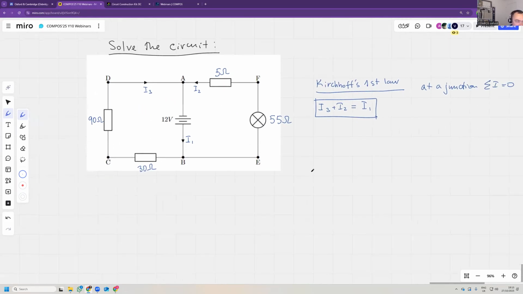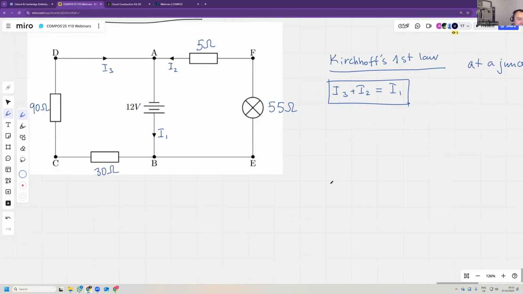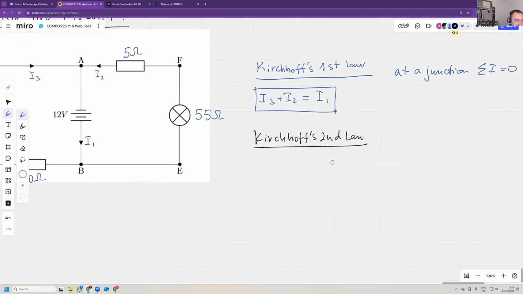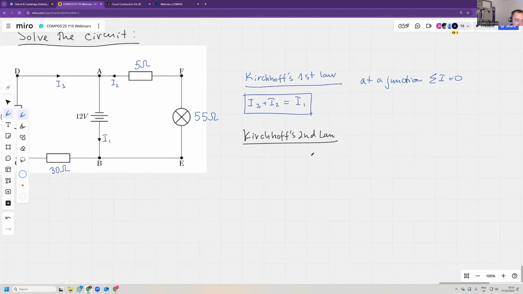Kirchhoff's second law says that the total voltage around any loop is equal to the voltage on the battery.